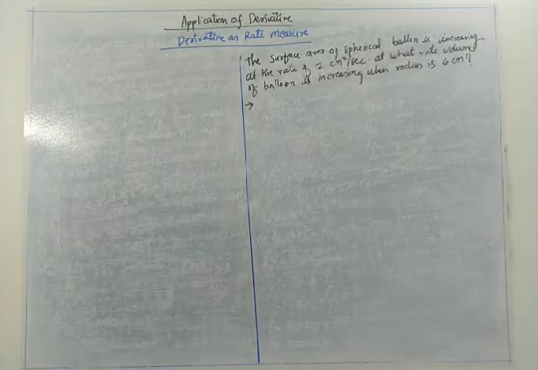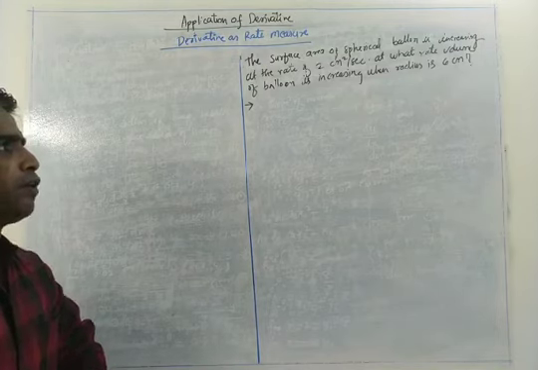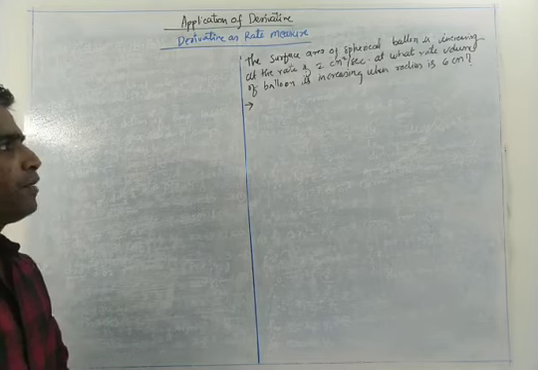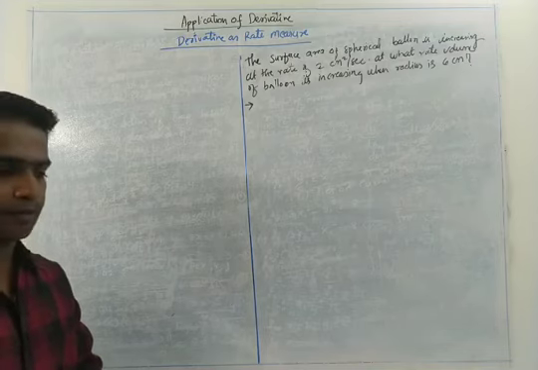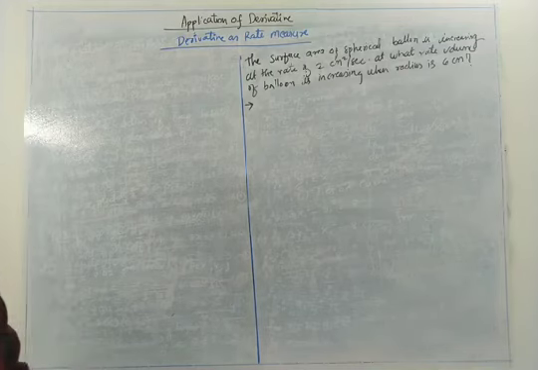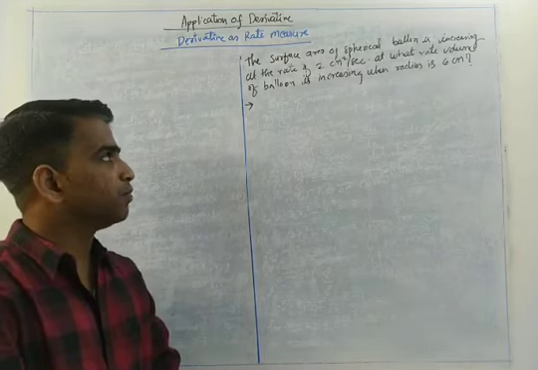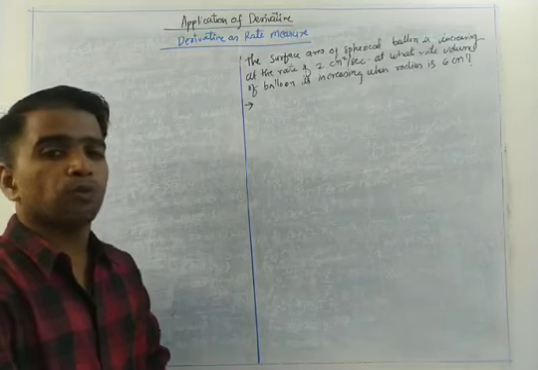The next question: the surface area of a spherical balloon is increasing at the rate of 2 centimeter square per second. At what rate is the volume of the balloon increasing when the radius is 6 centimeter? In this example the question is related to a spherical balloon. For the spherical balloon, we have to know the surface area and the volume.